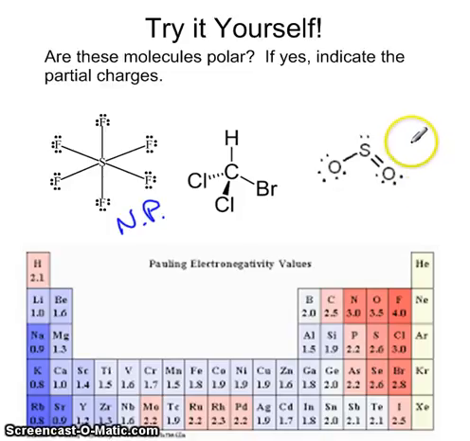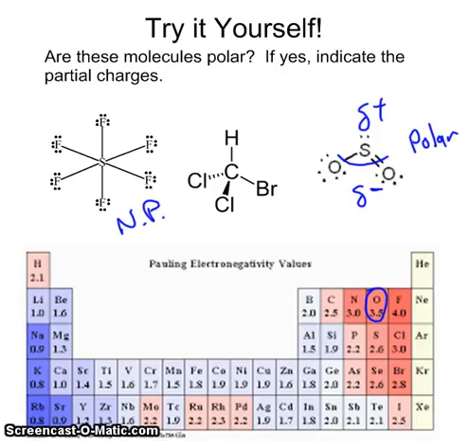A bent shape is polar, but now I'm saying where are the partial charges? Well, the oxygens are more electronegative than the sulfur. So that makes this side the negative side. Oxygen's 3.5 and sulfur 2.6, so that means this is partial positive.